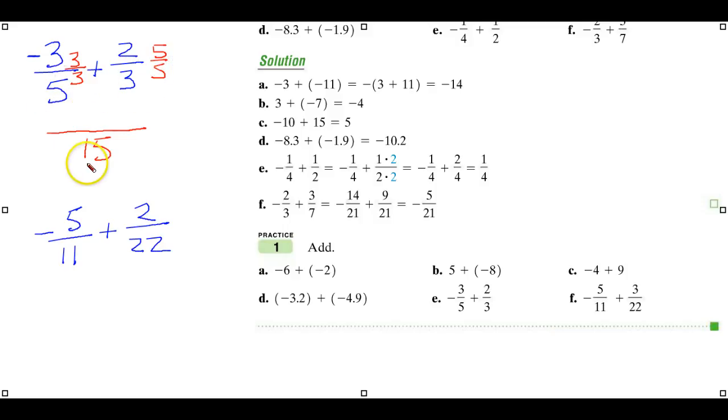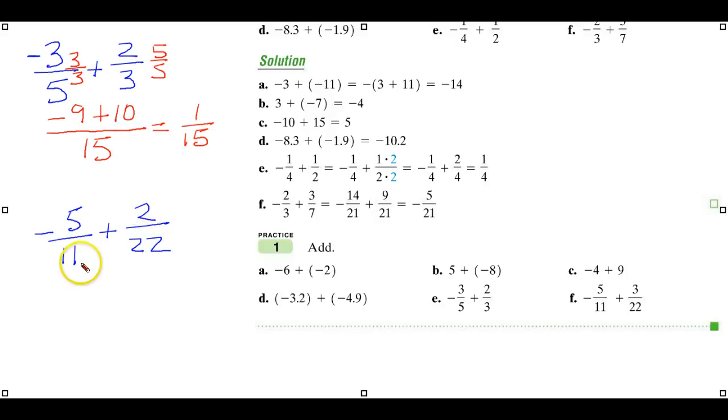So our denominators become 15. Here our numerator is negative 9. Here a 10. And when we do the addition, or in this case subtraction, in the numerator, we get a 1/15.